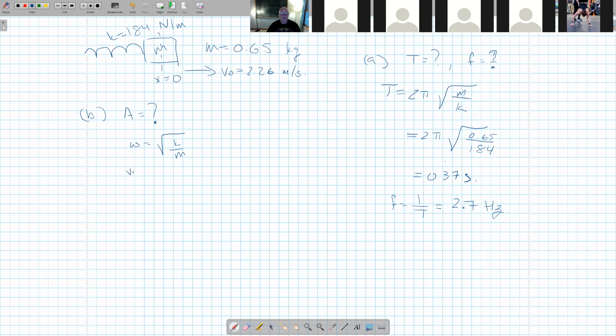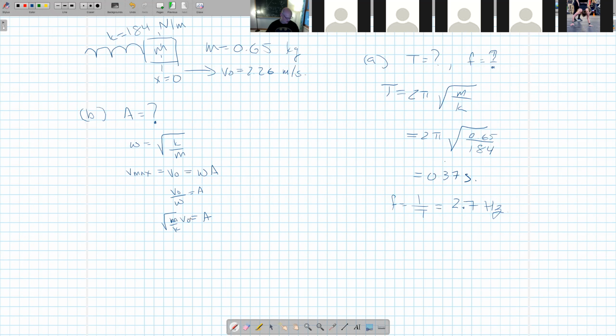So v max is equal to the initial velocity, which is equal to the angular frequency times the amplitude. So our amplitude is going to be the initial velocity divided by the angular frequency. That's the same thing as the square root of m over k times the initial velocity.